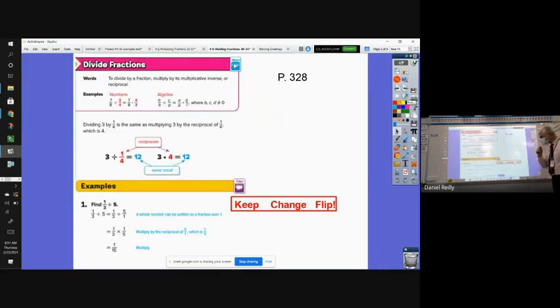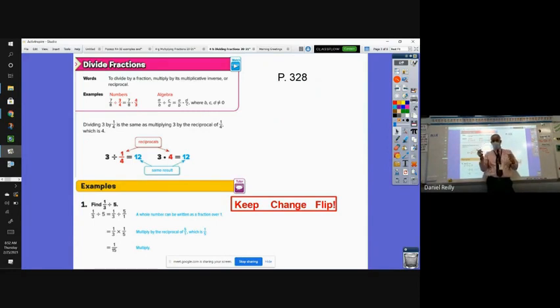Okay? All right, when you divide by a fraction, how many times does a fraction, a small number, go into a bigger number? Your answer is going to be bigger than the number you started with. Okay, how many times does 1/2 go into 2? 4 times, right?